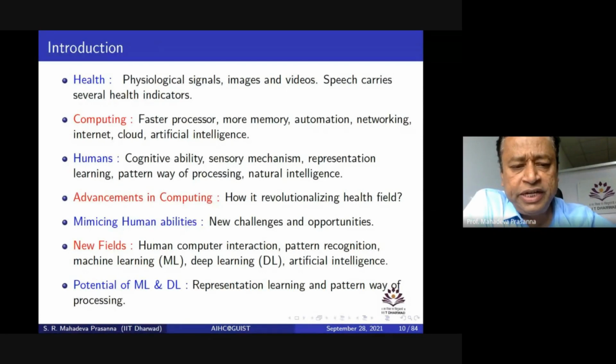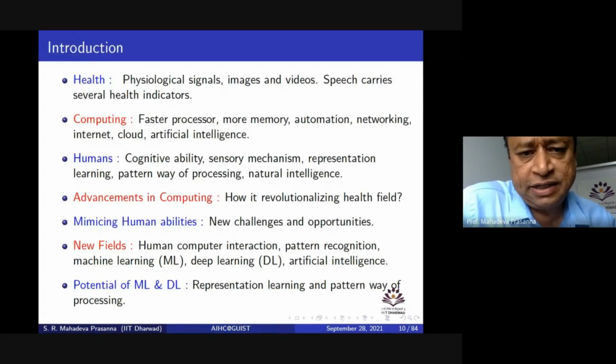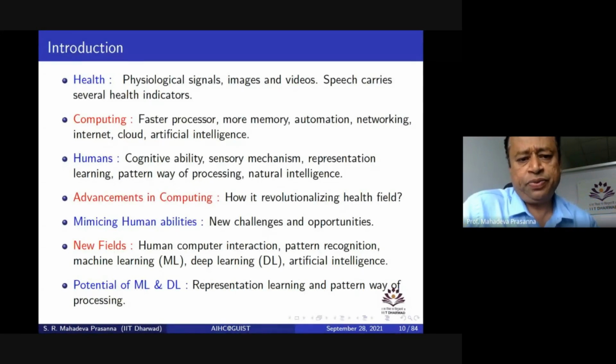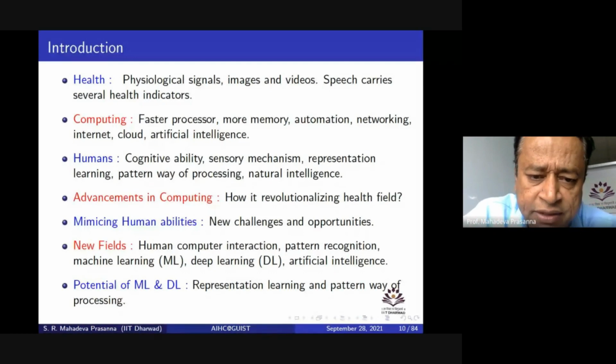Coming to the humans, suppose you consider a human expert, either a clinician or a doctor. She exploits her cognitive ability and, through the sensory mechanisms, tries to observe the different physiological signals, images and videos, and looks for unique features or unique patterns that are apparent in these signals.